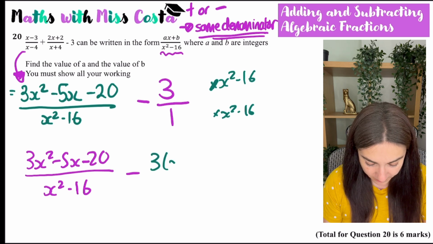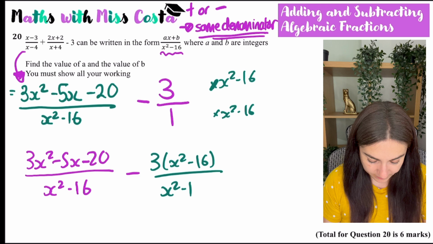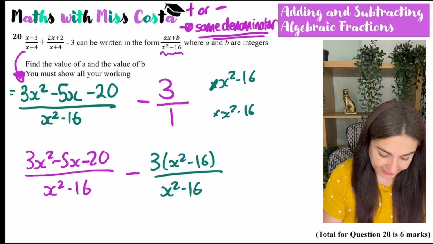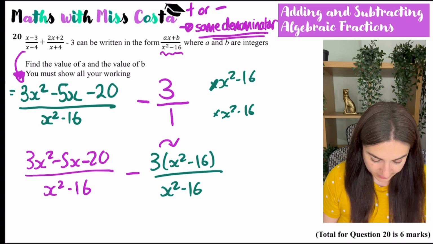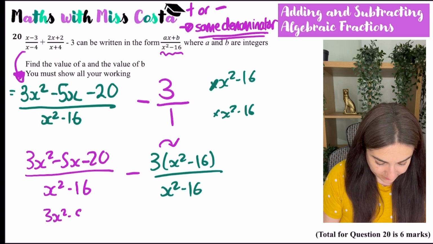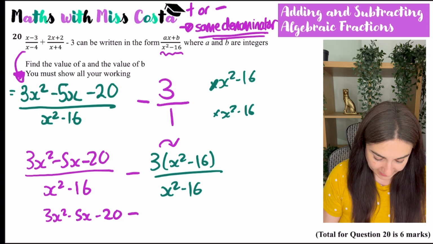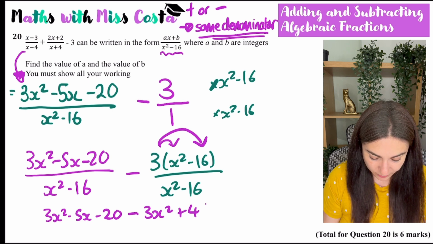So this would become 3 brackets x squared minus 16 over x squared minus 16. Now, what I can do is expand this. So that would become 3x squared minus 5x minus 20 minus, and then 3 times x squared is minus 3x squared, and then minus 3 times minus 16 is going to be plus 48.